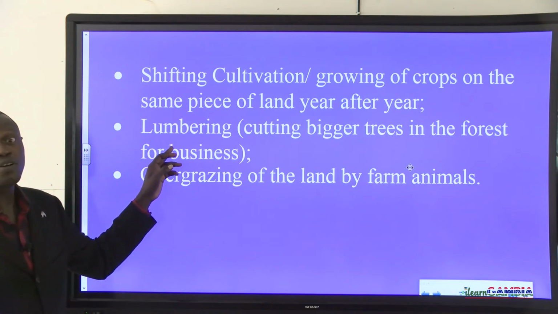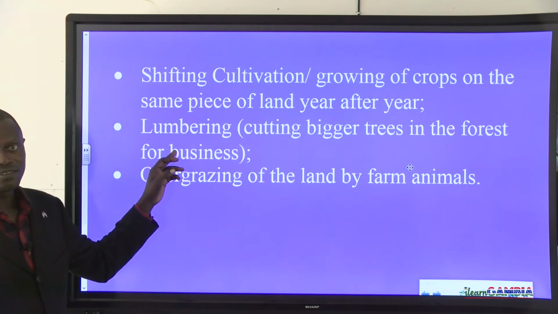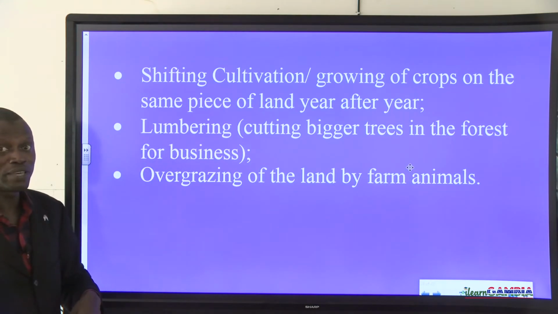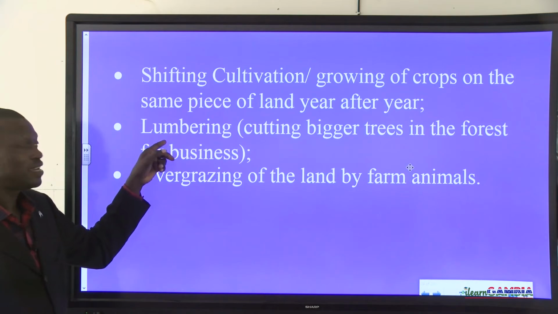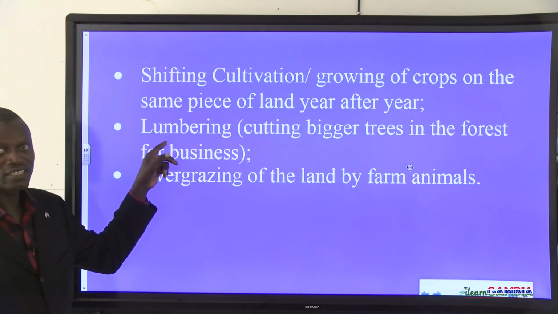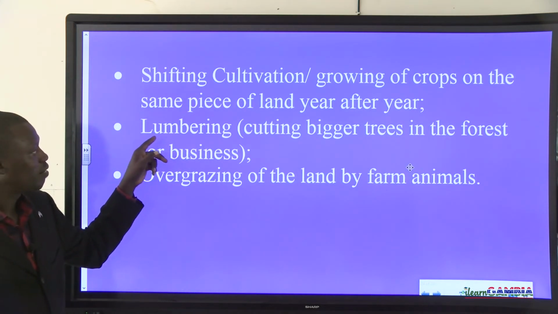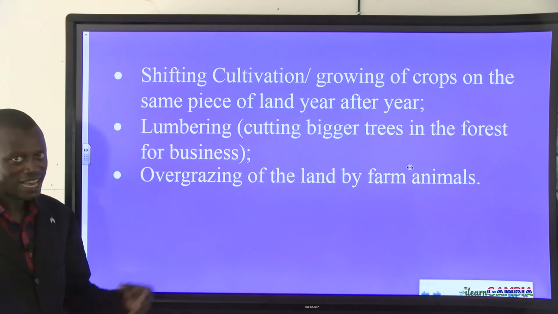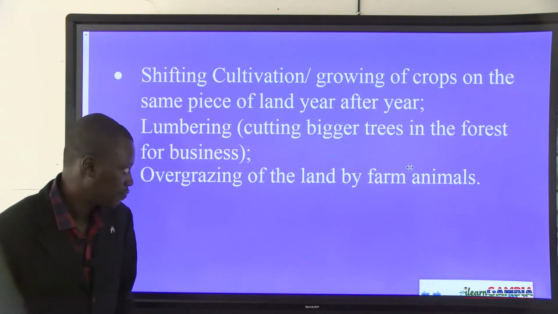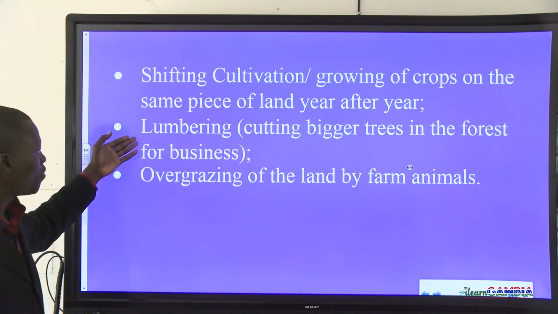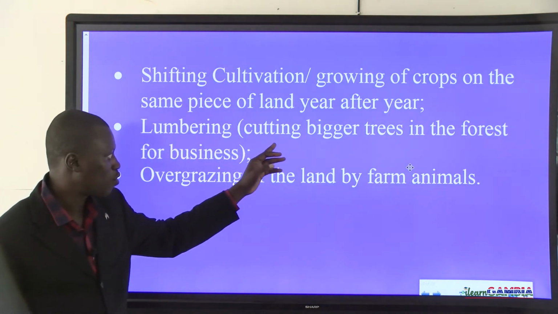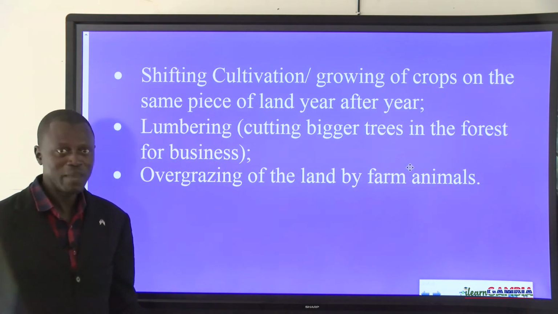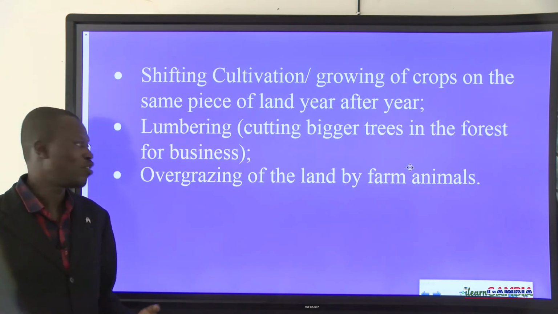This lumbering is continuously going on there. Some of the wood or timber which is imported into the Gambia has its origin in the southern Senegal, which is the Casamance. So this lumbering activity is also very hazardous to the environment, which has a link with deforestation. So in short, lumbering is defined as the cutting of bigger trees in the forest for business, mainly. That is the main reason for lumbering.